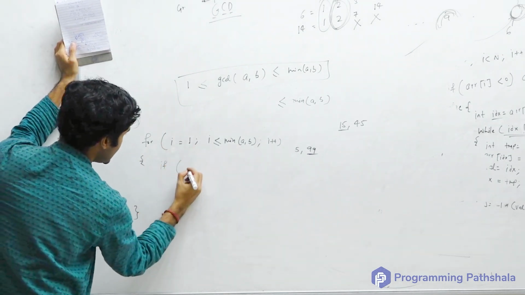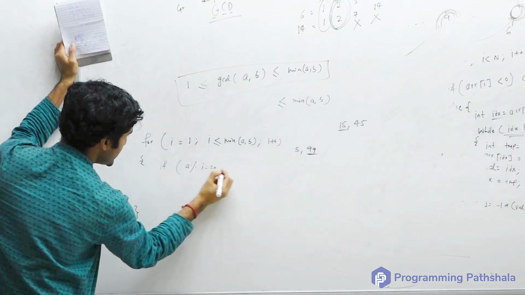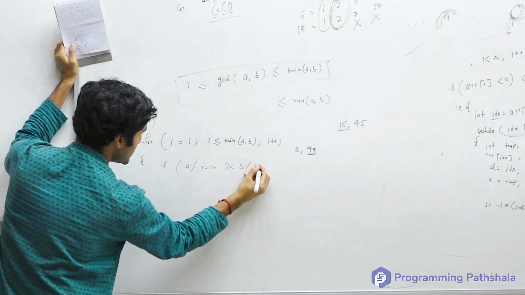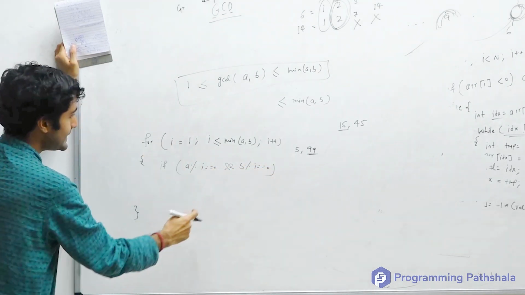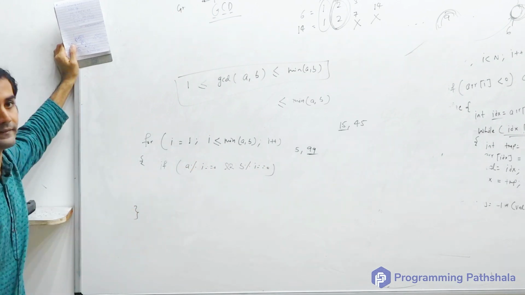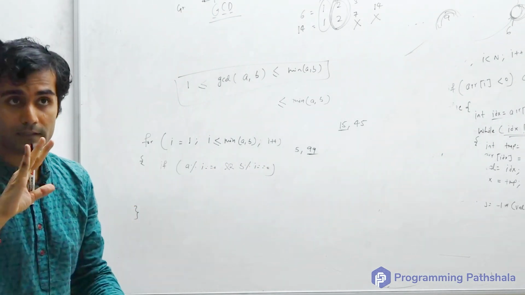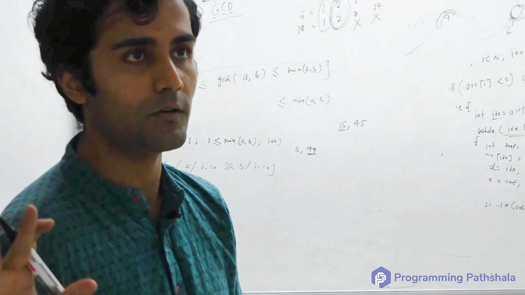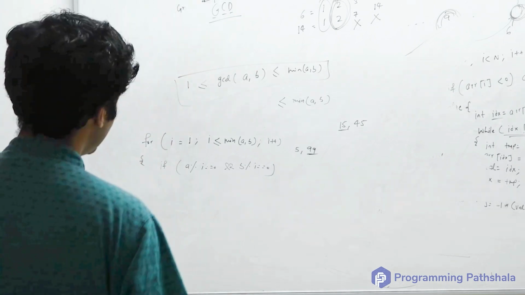So if a mod I is 0 and b mod I is also 0, then I can say that this I is a common divisor, but just a common divisor, not the greatest common divisor.